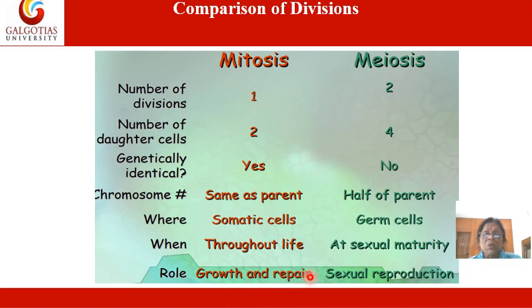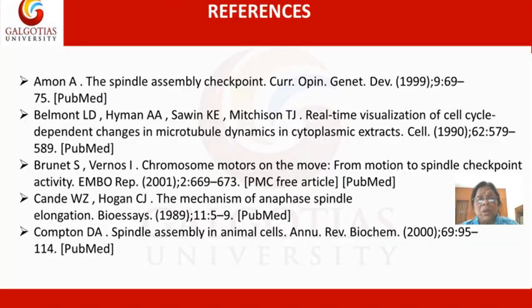So mitosis goes on in our body throughout life, for the growth of the body and also for repair. Whenever there is some damaged tissue, it is replaced by growing cells, where mitosis takes place and repairs the tissue. But meiosis takes place only during sexual reproduction.